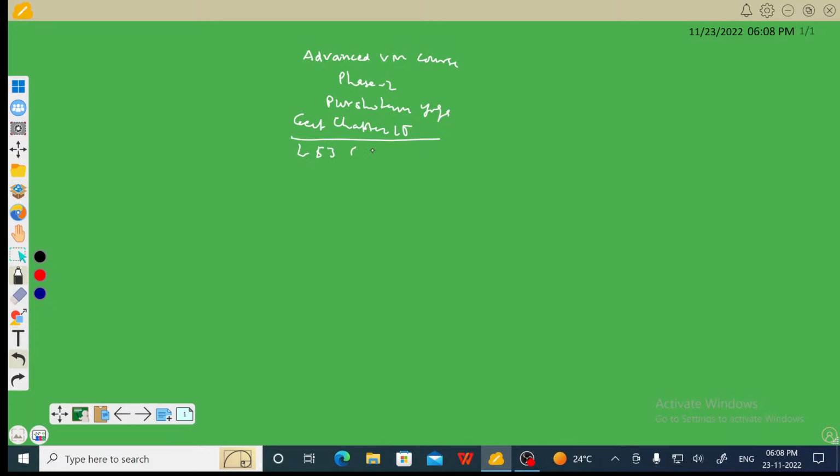Here the focus is going to be upon Chapter 15, Shaloka 3.